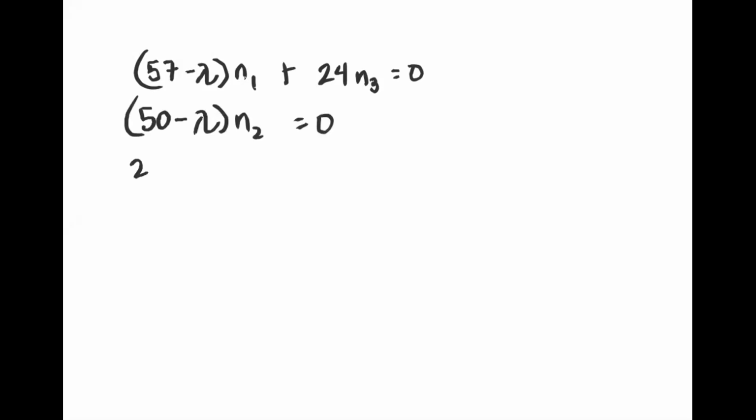And 24 n1 plus 43 minus lambda n3 equals 0.